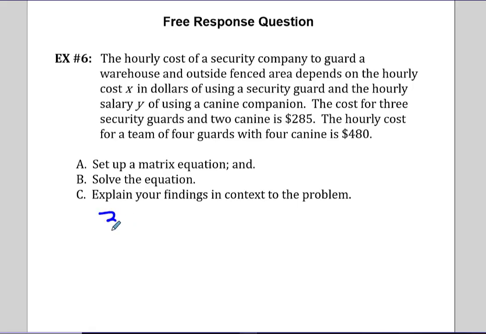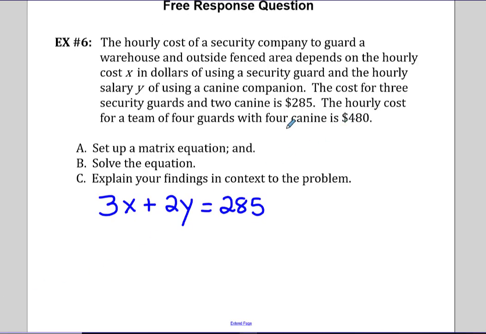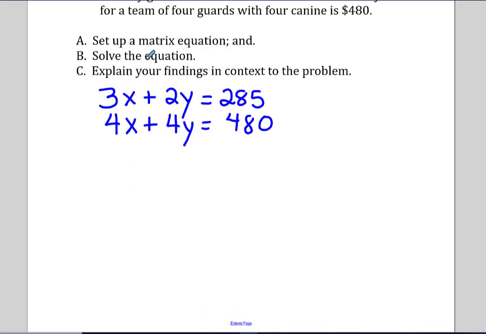So that would be our first equation. 3 security guards and 2 canine companions will cost us $285 to guard that warehouse. But the hourly cost for a team of 4 security guards with 4 canine companions is $480. So what does our matrix equation look like?